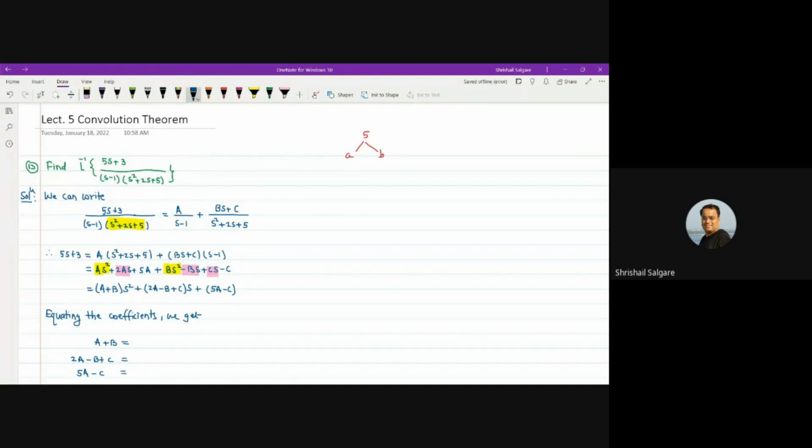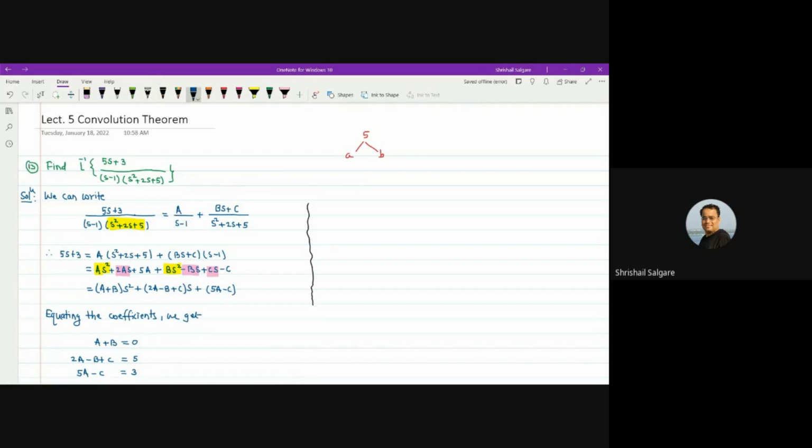A + B is equal to 0. Next one, 5. Next one, 3. Correct. Now, to find the constant A, I will use the regular method.